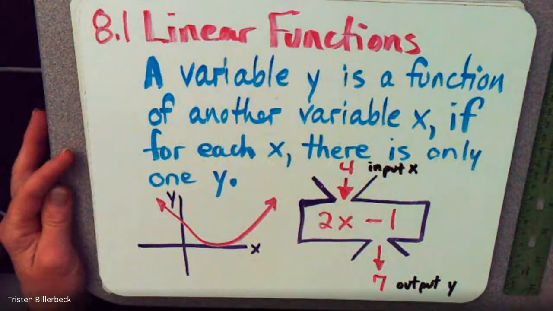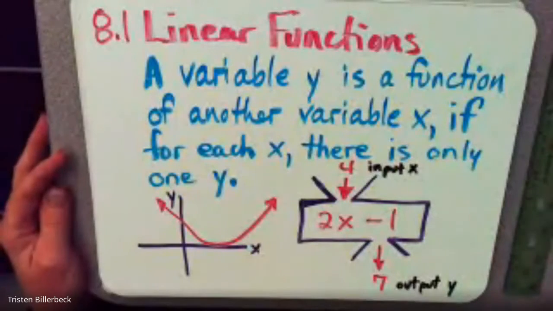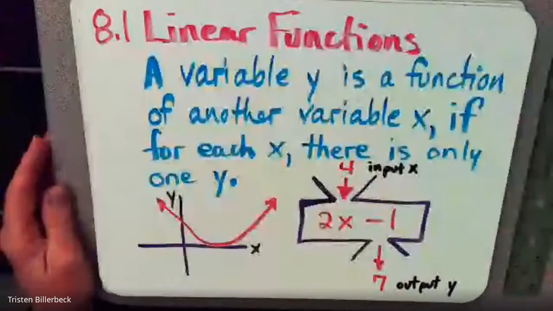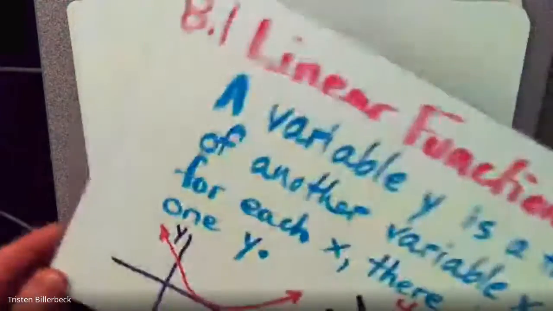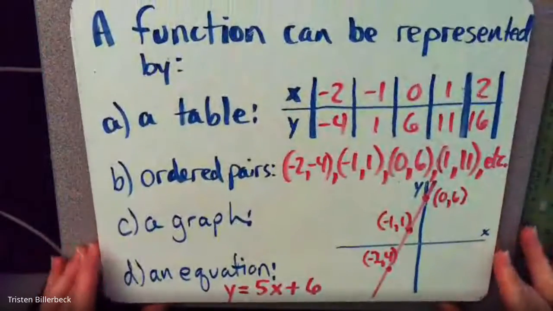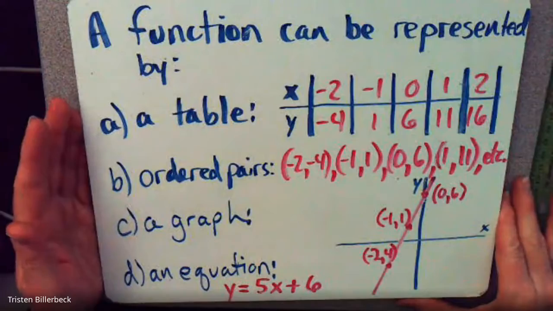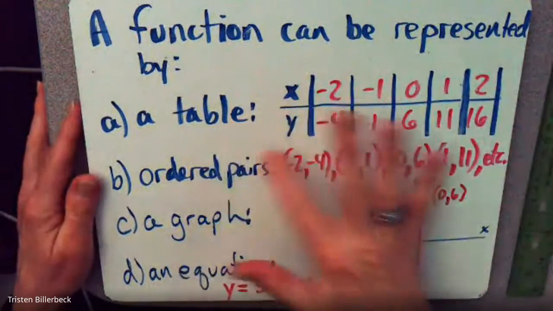So when you put an input into a function, it will only have the expected output. One expected output. A function can be represented by a table.